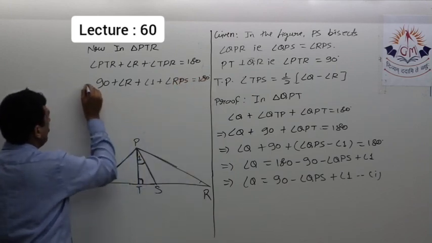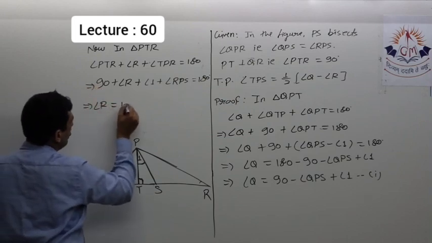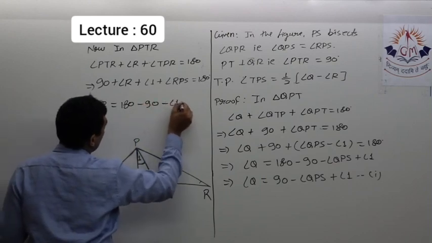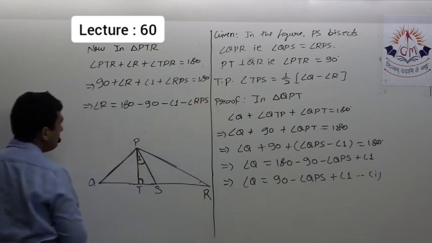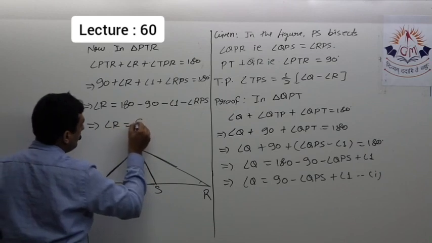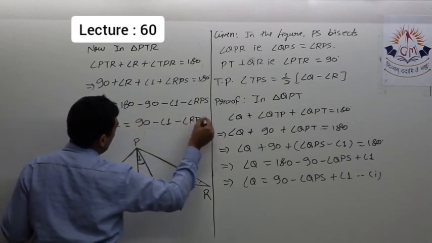So from here I can write angle R is equal to 180 minus 90 minus angle 1 minus angle RPS. So this gives me angle R is equal to 90 minus angle 1 minus angle RPS.